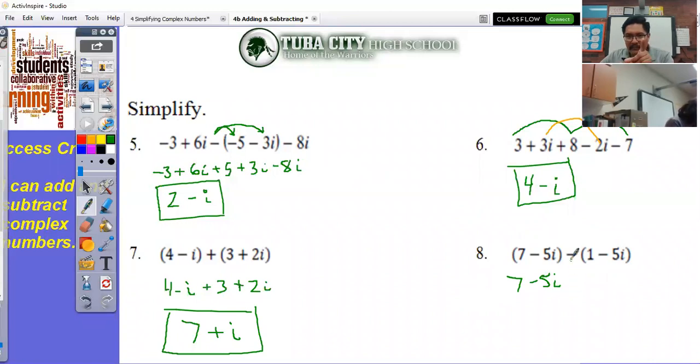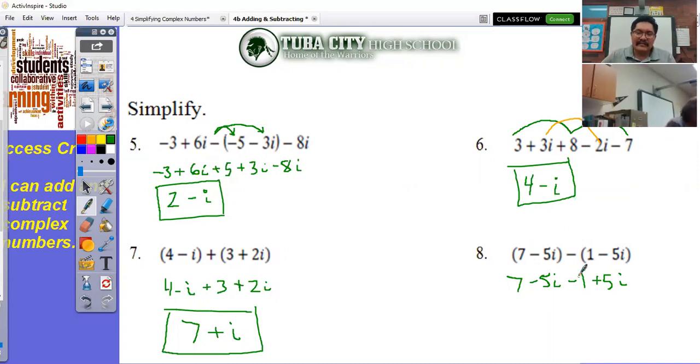So again, we are minusing the 1, and we are minusing the -5. Now, this would actually look like -1 minus -5i. But I think by now, most students in 11th grade would probably know the shortcut that if you have 2 negatives, it just makes it positive. So I'm going to skip that now.